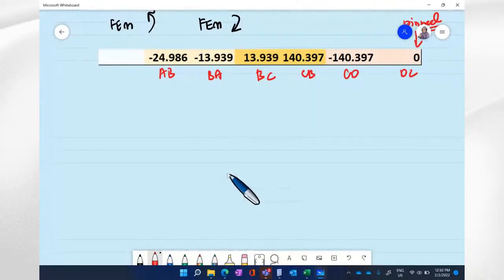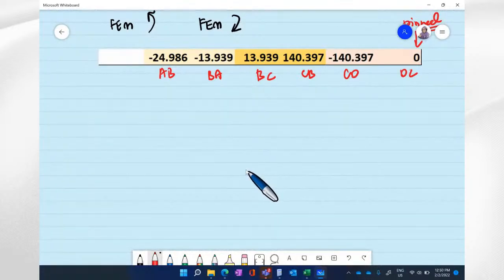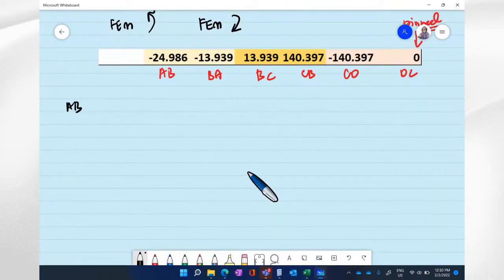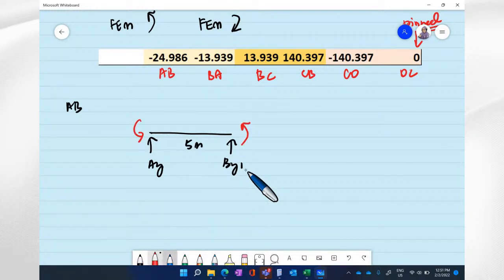For element number 1, it is AB, and we have here AY and BY. This is 5 meters, and the moments are negative, with values 24.986 and 13.939.